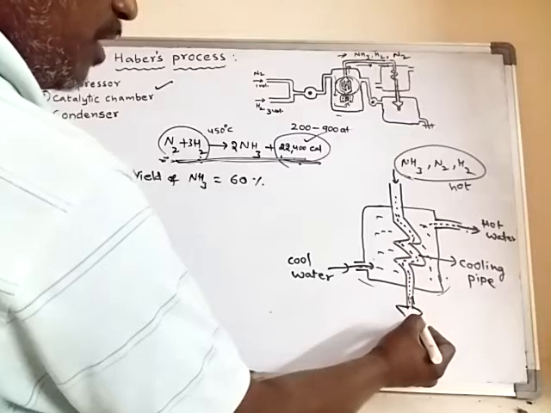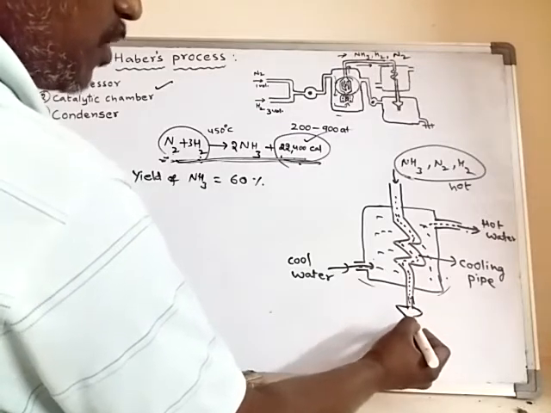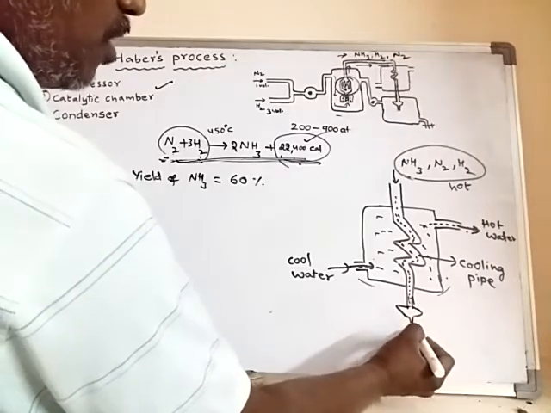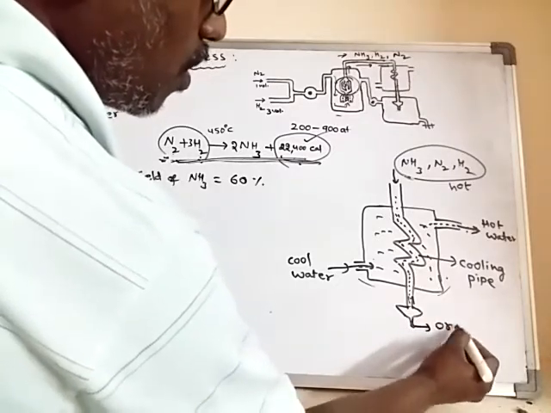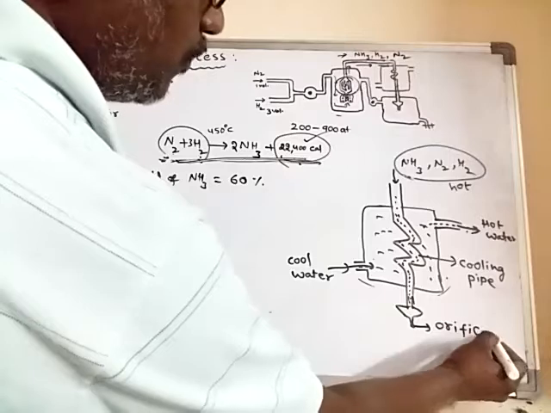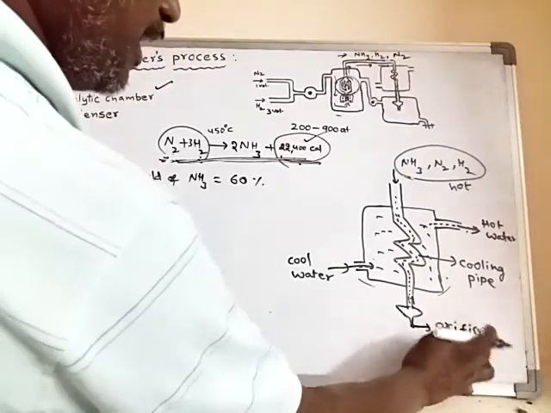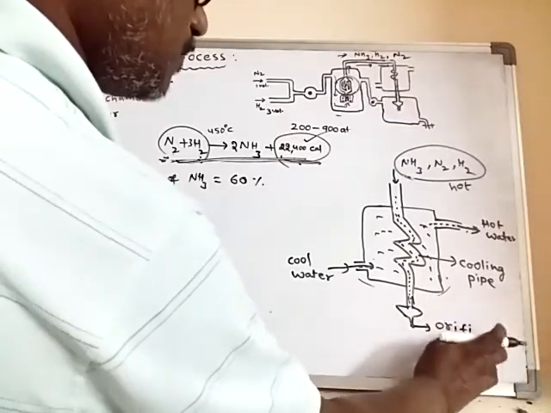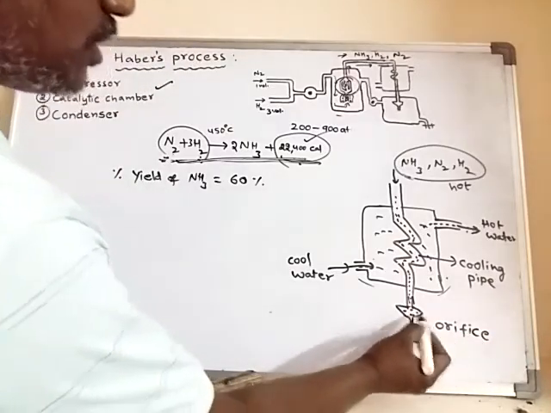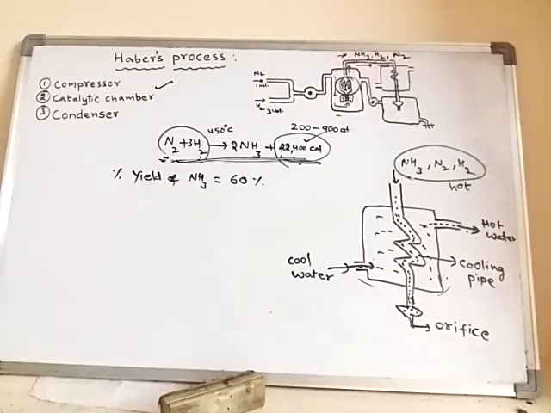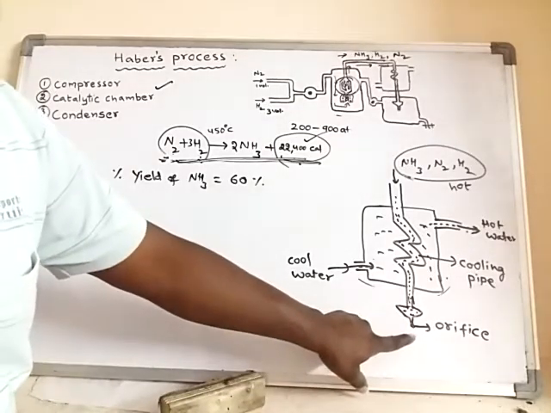Through this cooling pipe, there is a very small orifice. Orifice means opening. A small opening is present. Now this gaseous mixture will come out through the small opening.